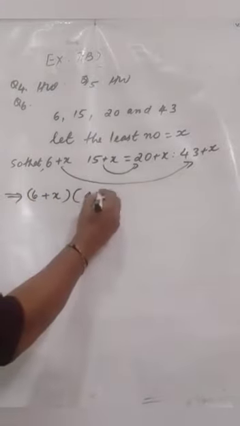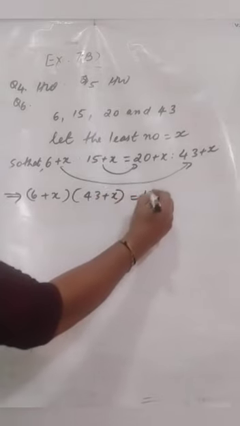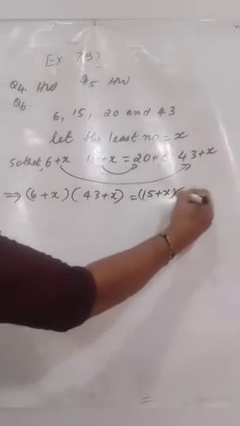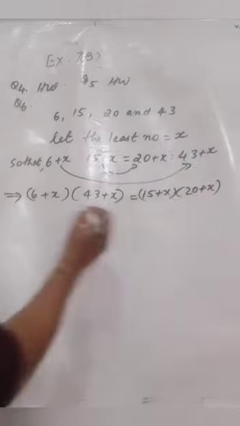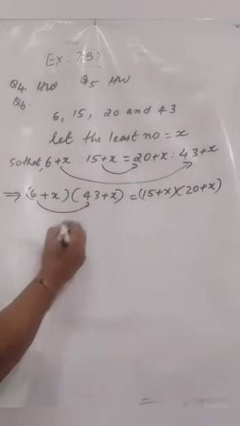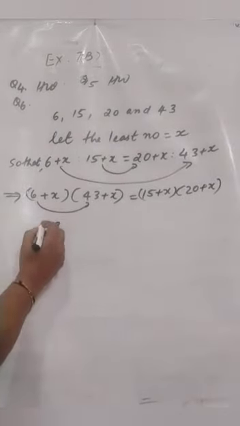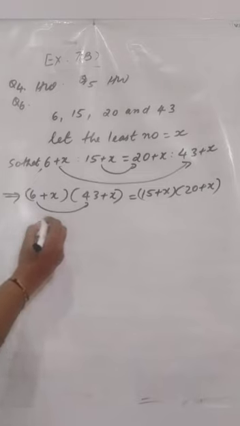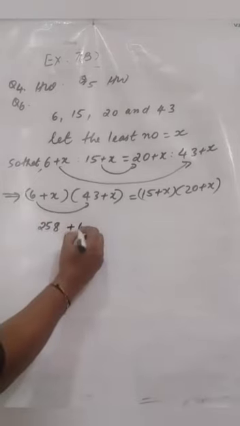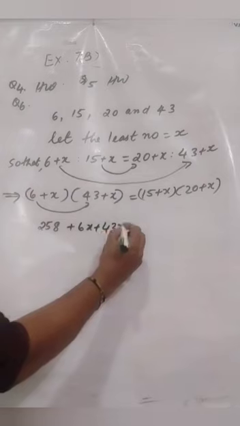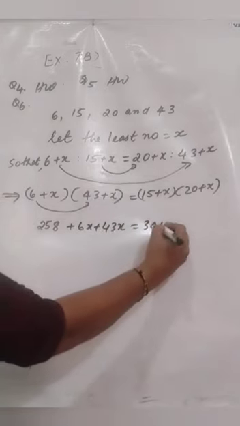So product of extremes equal product of means. 6 plus x into 43 plus x equal 15 plus x into 20 plus x. Multiply. 6 into 43, 258, plus 6 into x, 6x, 43 into x, 43x plus x square.